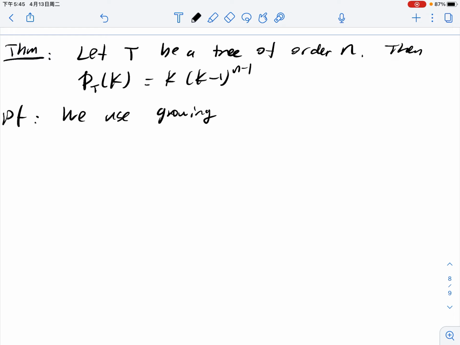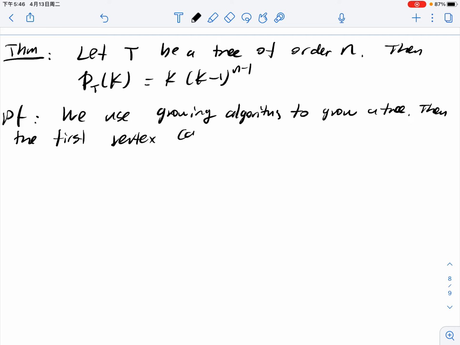So you can use BFS or DFS or the general growing algorithm to grow a tree. Then the first vertex can be colored in k ways.